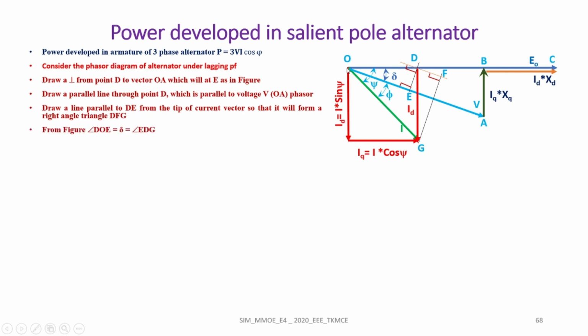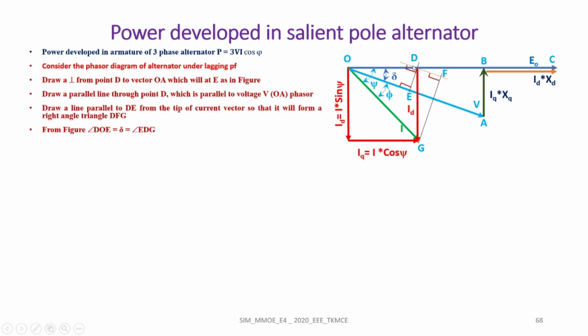From this triangle OED, this angle DOE is delta. Considering this triangle DOE, this angle is delta, this angle is 90 degrees and the angle ODE is 90 minus delta. But when we are considering this triangle ODG, this angle ODG is 90 degrees.